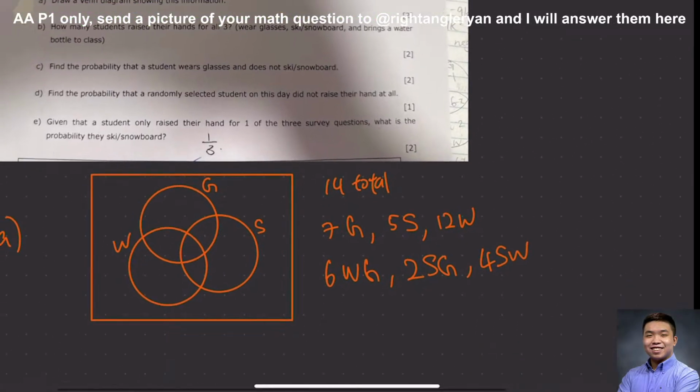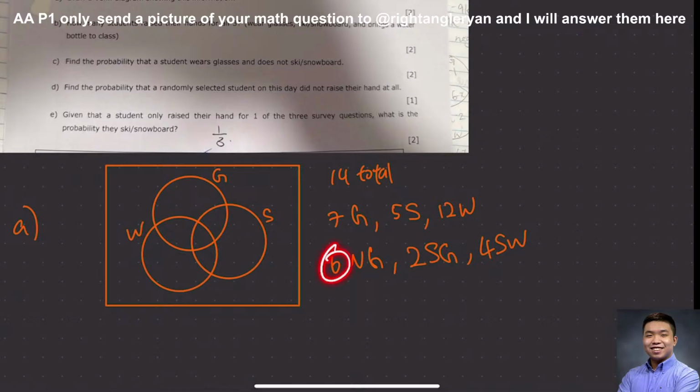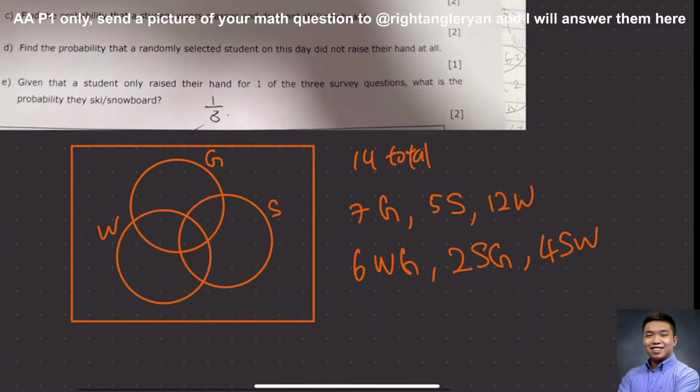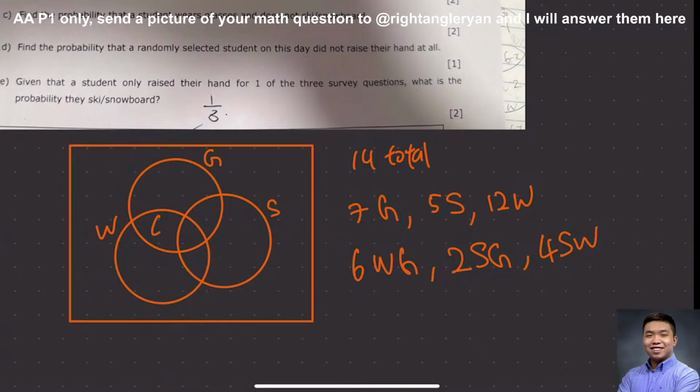So do you see how we have 6, 2, 4? If we add this all up, do we get 14? 6, 2, and 4. We don't, right? So we can put 6 here, 2 here, and 4 here.